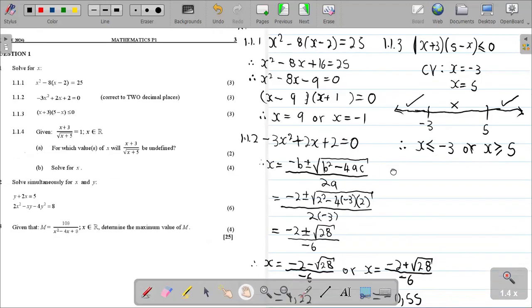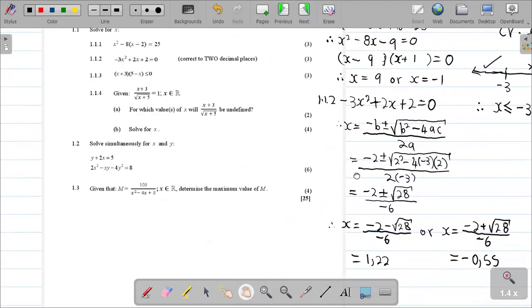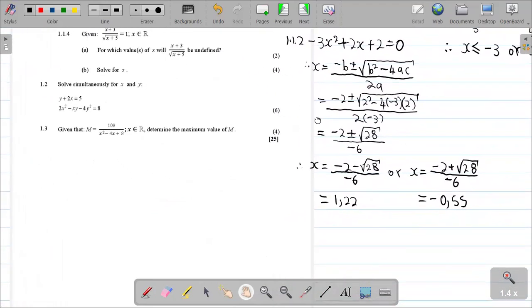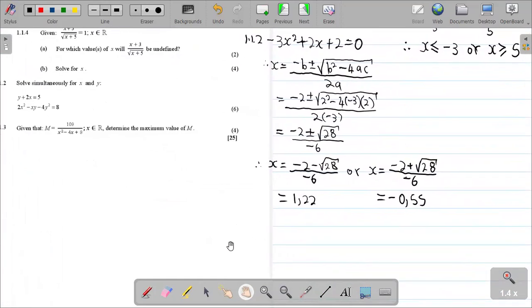Let's go to 1.2. Okay. Oh, sorry. 1.1.4. Sorry. 1.1.4. What does it say? 1.1.4, we have A. They say, for which values of x will this be undefined? Okay.